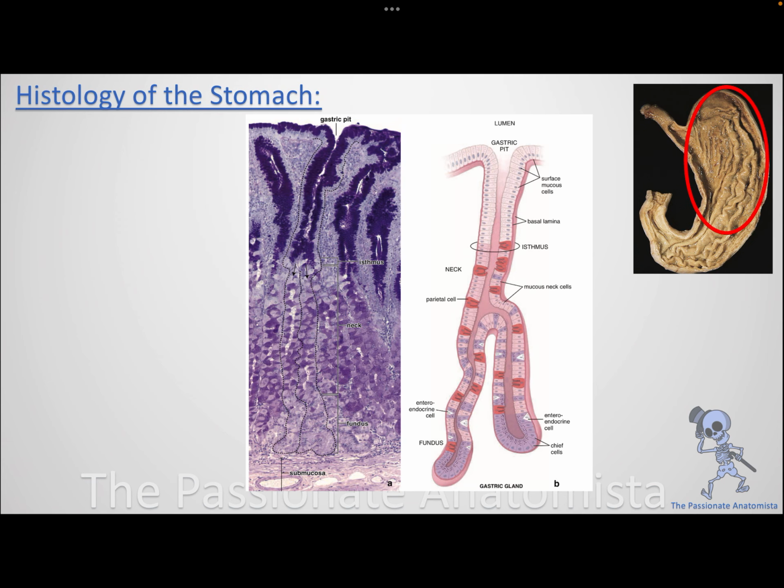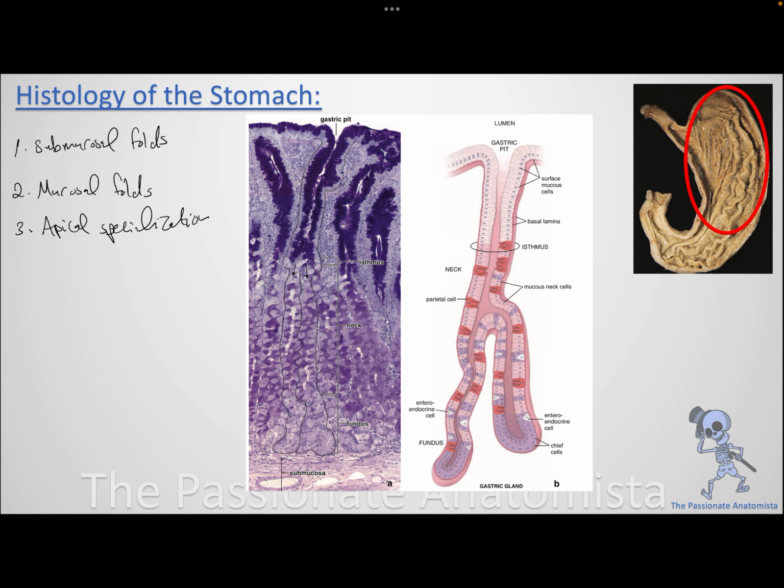What are these folds? Number 1, I have submucosal folds. Number 2, I have mucosal folds. Number 3, I have an apical specialization, so a change in the epithelial lining itself.